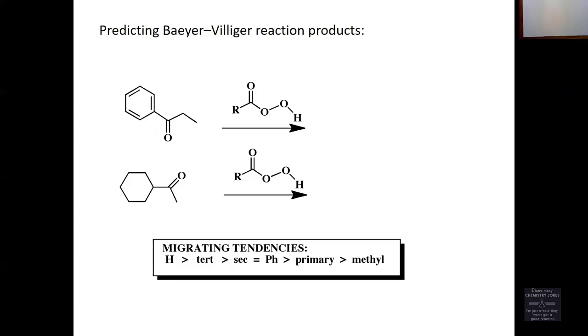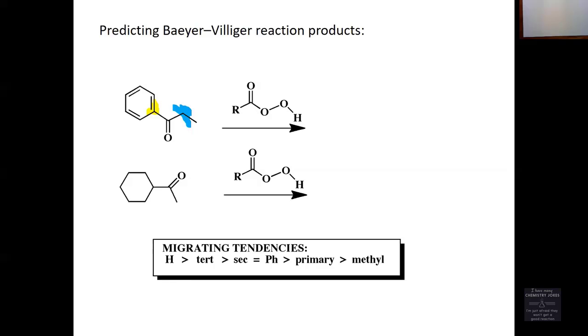So if we try and oxidize these ketones, we need to say what kind of carbon is on this side of my ketone. That yellow highlighted carbon is my phenyl carbon. The blue highlighted carbon on the other side is a primary. It's not primary right now, but imagine if it were migrating, it would be migrating as a primary carbon.